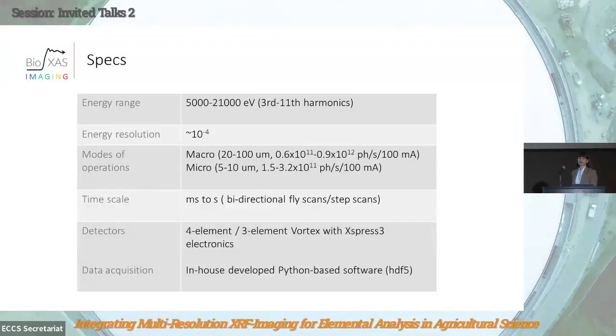In micro mode, we generally operate at 5 micron resolution with a flux of 10 to the 11th order of magnitude. We collect imaging data in bidirectional fly scanning mode, meaning as the sample is moving in both directions, the data is being collected, and we have dedicated detectors for both setups.